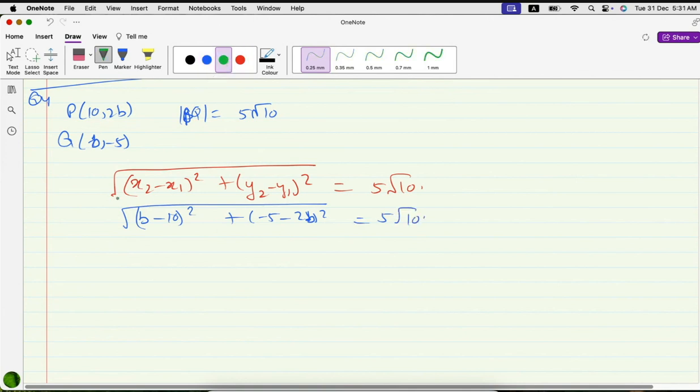I'm getting rid of the root right here. So B minus 10 whole squared is B squared minus 20B plus 100, and so on. Plus B squared is equal to 5 squared, which is 25 into 10, 250.